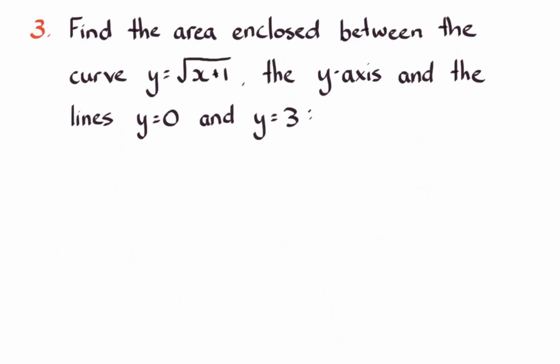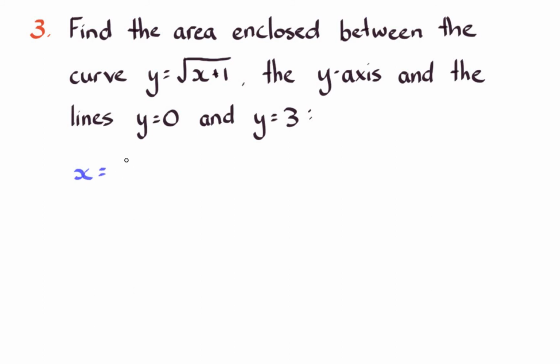Find the area enclosed between the curve y equals the square root of x plus 1, the y-axis, and the lines y equals 0 and y equals 3. So once again, because we are finding the area between a curve and the y-axis, we want our equation or our function in the form x equals f of y.